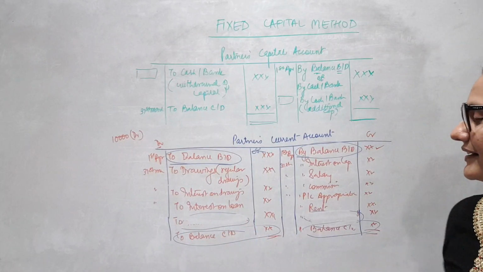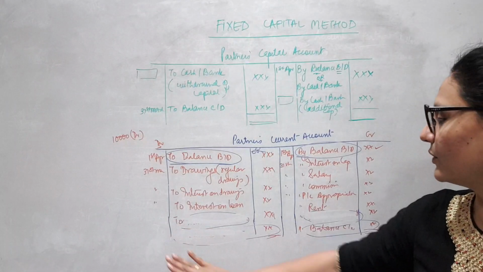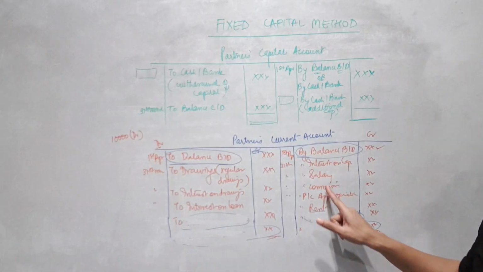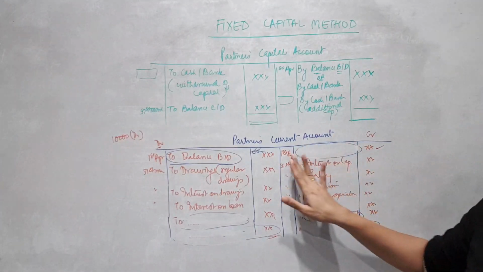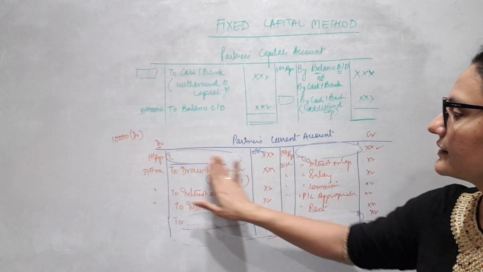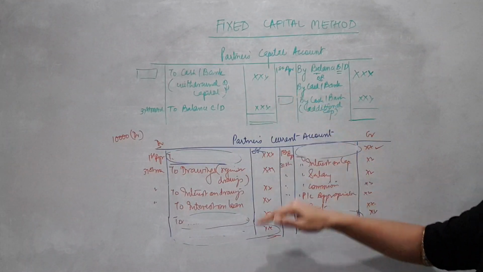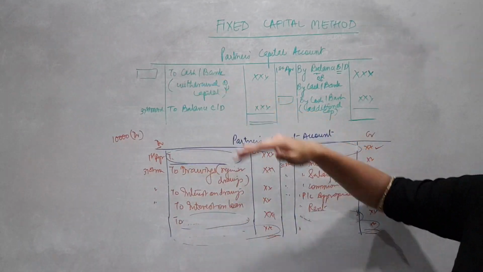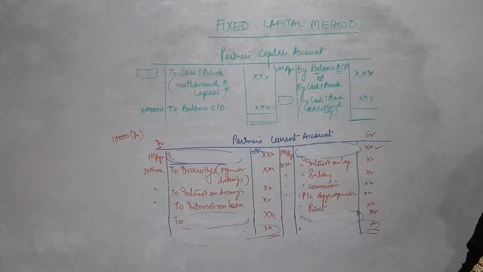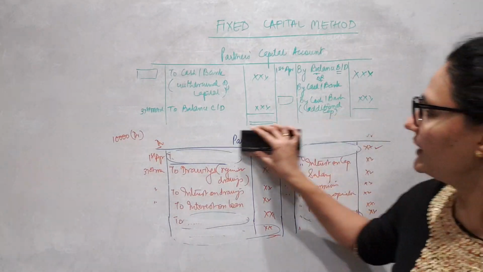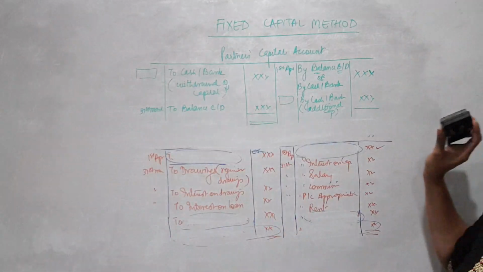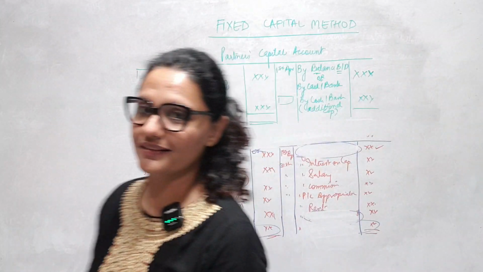So what interest on current account? So here this is what it will come to. All of this will be going to the partner's capital. All of this goes to the debit of capital, this goes to the credit of capital. Meaning under the fluctuating method, there is no current account. Everything goes to the capital account.